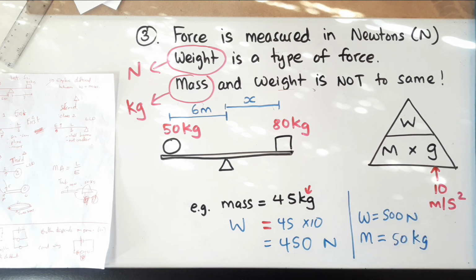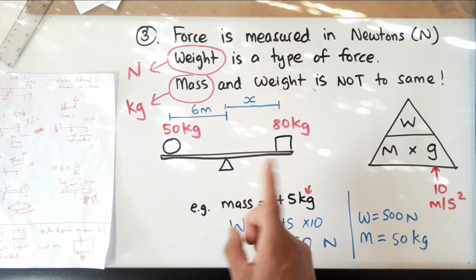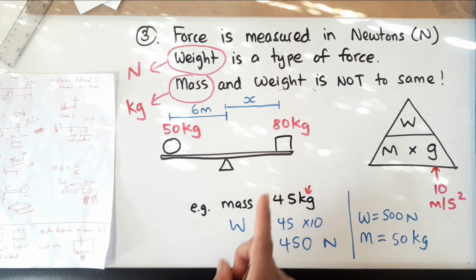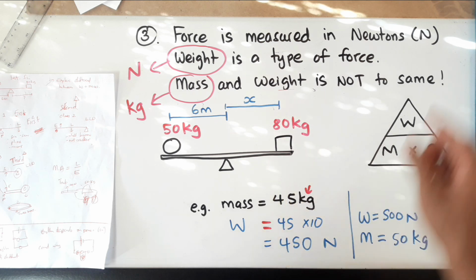But my units will now be kilograms. All right. So it's really important that you know the difference between a force, a weight, and a mass. Because when it's time to do the calculations, it's going to make a big difference.